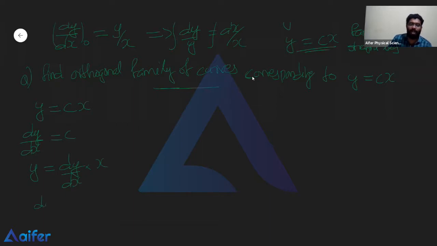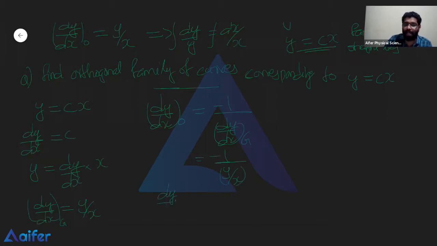So finally I get dy by dx equal to y by x. What does this represent? The slope of the given curve. The slope of the orthogonal family equals -1 by the slope of the given curve, right? So that is equal to -1 by y by x.